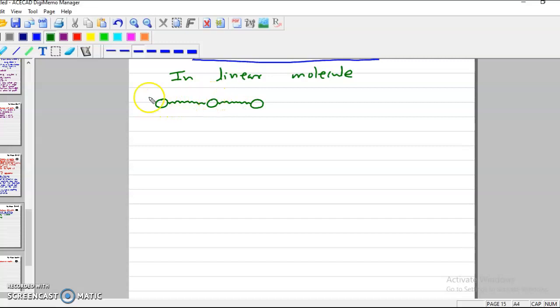Here, this is central atom and these two atoms are at equal distance from the central atom. Now, when these two atoms stretch symmetrically, these two end atoms go away from the central atom with increasing bond length. So here there will be increase in bond length.